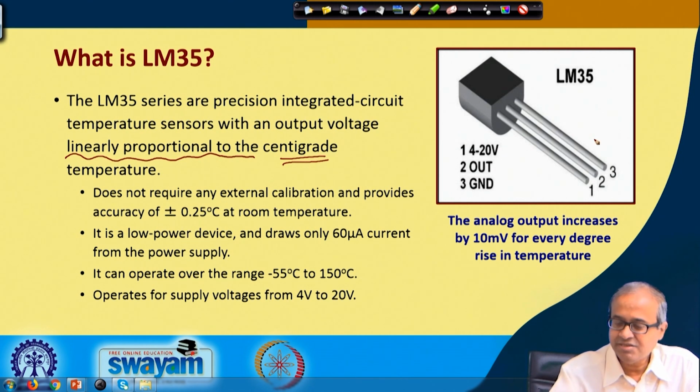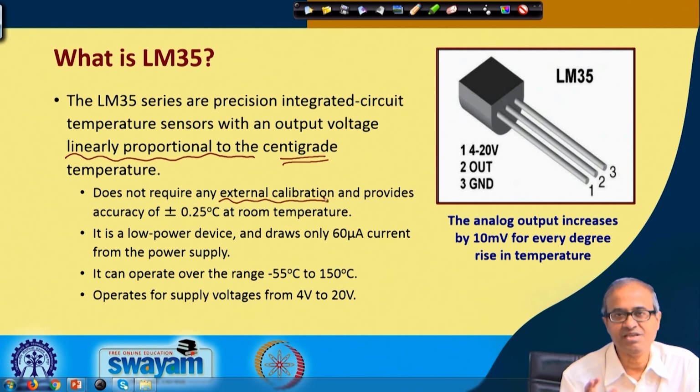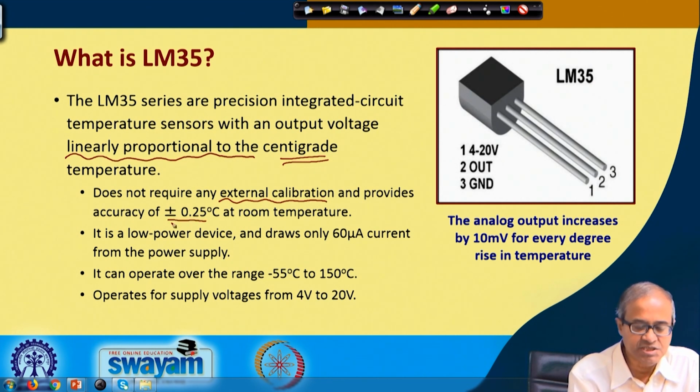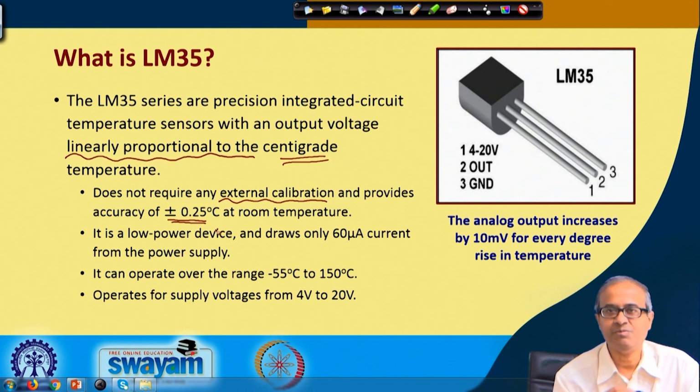And this has all the circuitry built inside it. You do not need any kind of external calibration to be made, very convenient to use, and it has an accuracy of plus minus 0.25 degree centigrade, which is often sufficient in most applications. Okay.